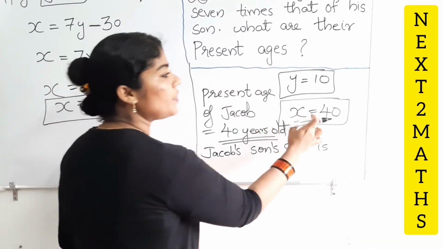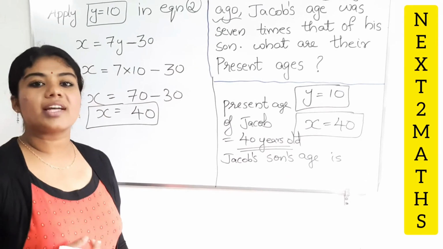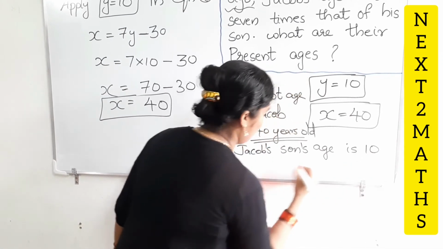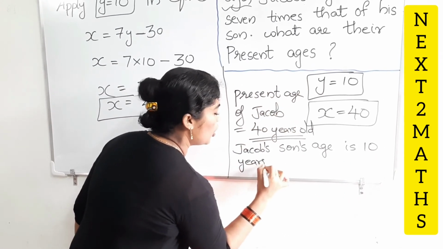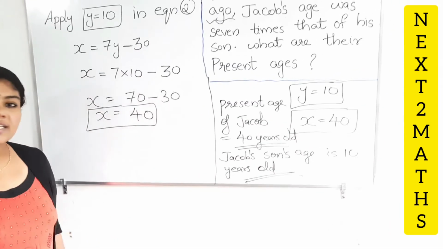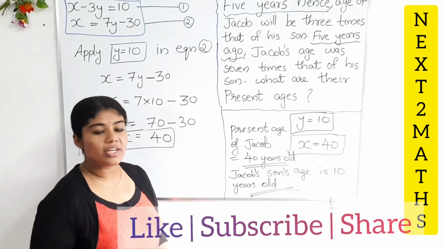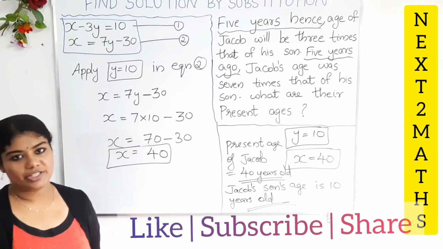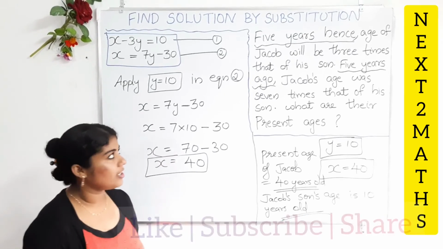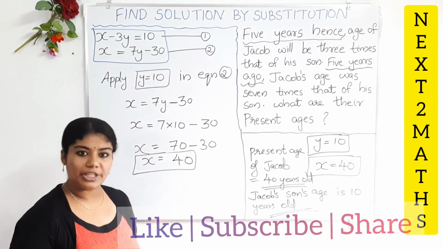If x equal to 40, you got y equal to 10. So that y is the son's age. So the son's age is 10 years old. So Jacob's age we got and his son's age we got. So Jacob is 40 years old, his son is 10 years old. So we finally found our answer, completed our substitution method with the word problem.